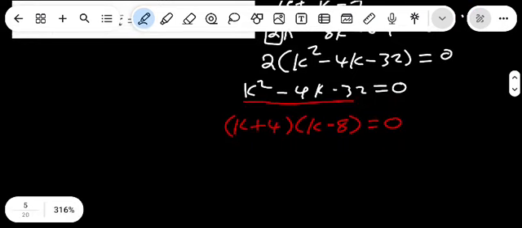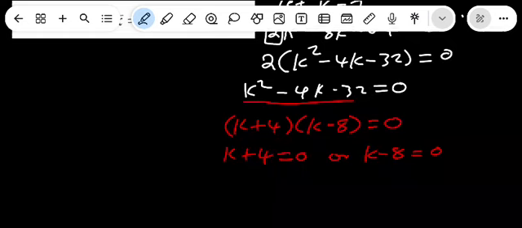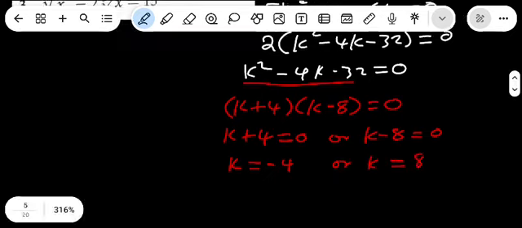Alright, so we have k plus 4 should be equal to 0, or k minus 8 must be equal to 0. K here will be equal to minus 4, or k will be equal to positive 8.